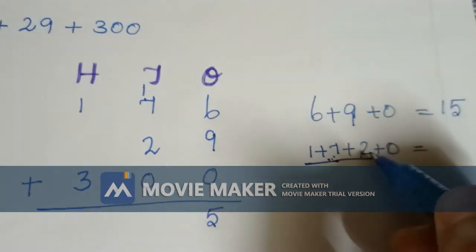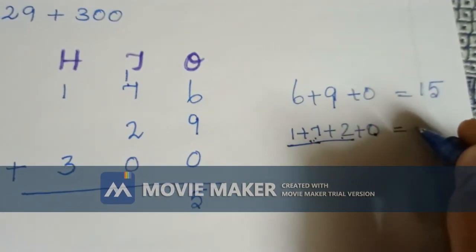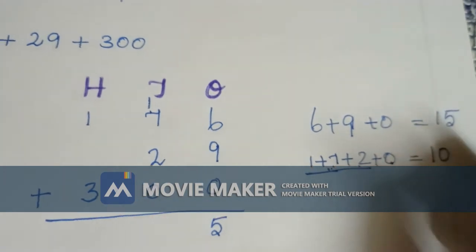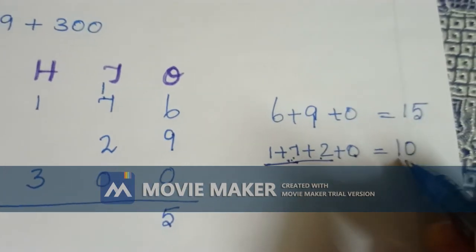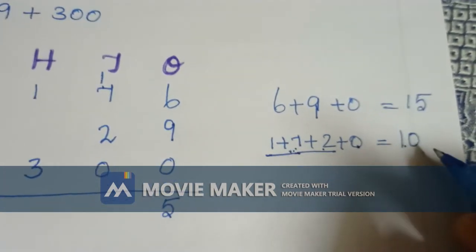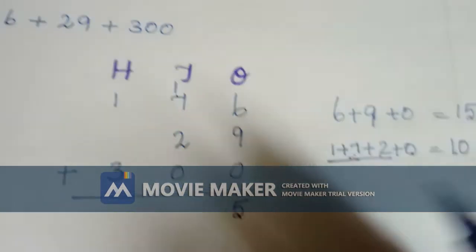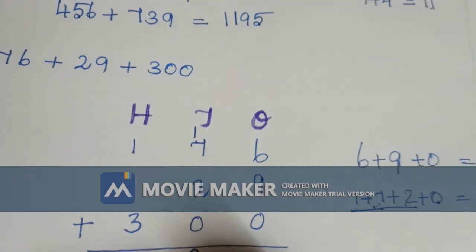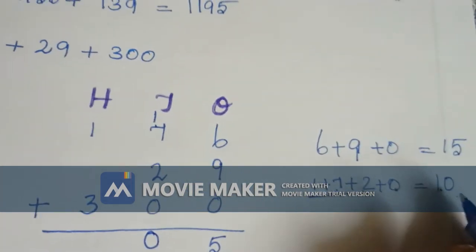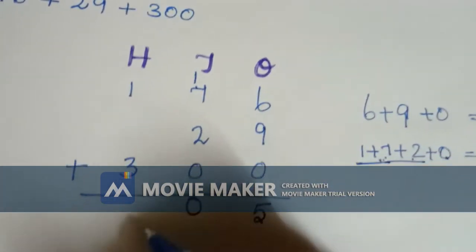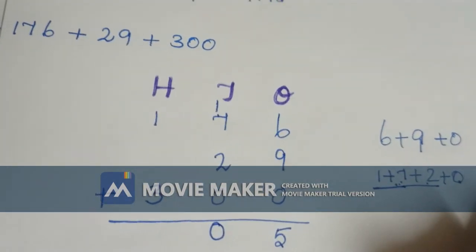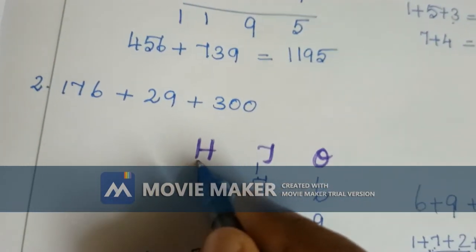Now keep 10 in mind. 10 plus 0, 10 only. So this is 10 tens. That means you can regroup this as 0 tens and 1 hundred. So write 0 in the tens place and carry over 1 to the hundreds place.